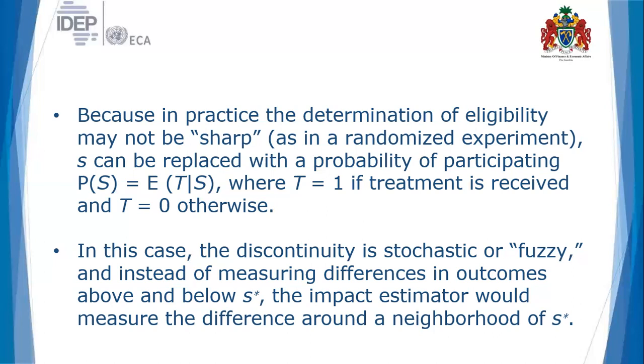In this case, the discontinuity is stochastic or fuzzy, and instead of measuring differences in outcomes above and below the cutoff point S star, the impact estimator would measure the difference around the neighborhood of S star.